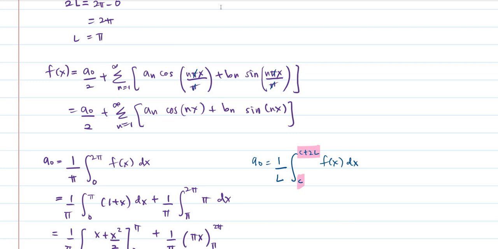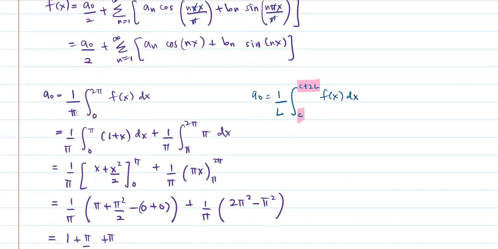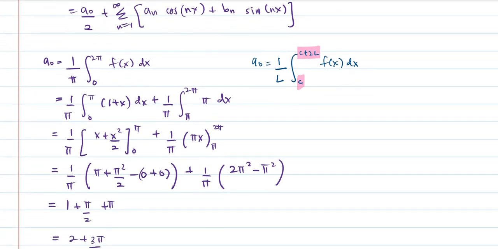So integrate from 0 to π of 1 plus x, I did separate it: 1 over π, integrate 0 to π, 1 plus x dx, plus 1 over π, integrate π from π to 2π with respect to x. I just separate it because it will be easier to integrate instead of doing a huge bracket.